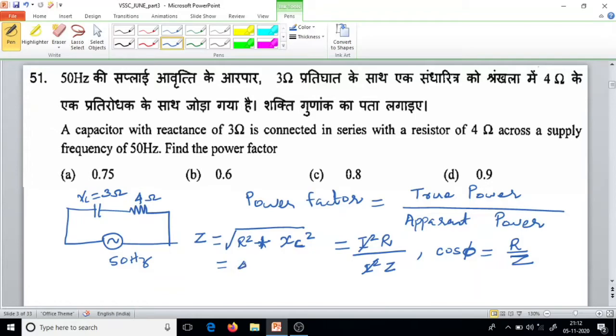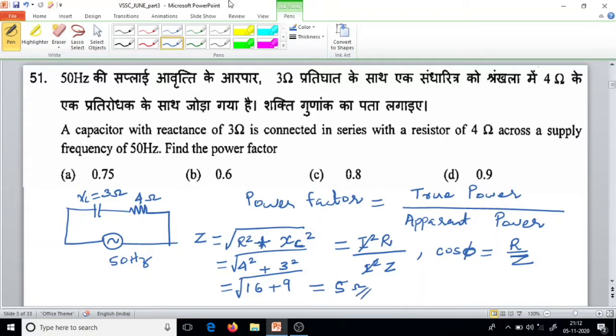R equals 4 ohm, so 4 square plus, what is the XC value? 3 ohm, that is 3 square. So we will get square root of 16 plus 9, which equals 5. We will get 5 ohm.